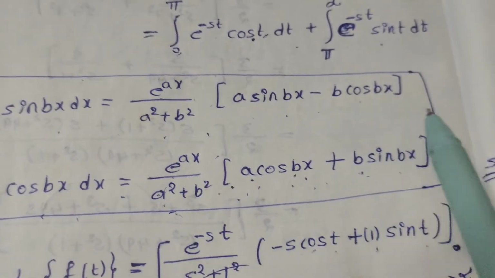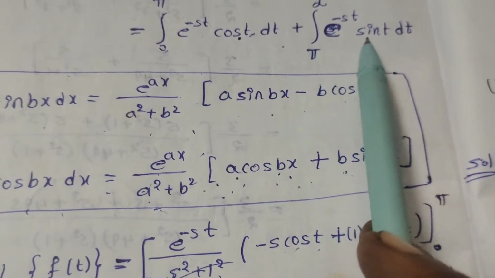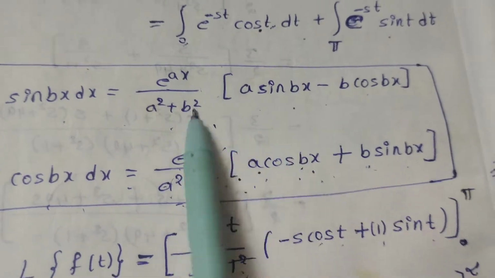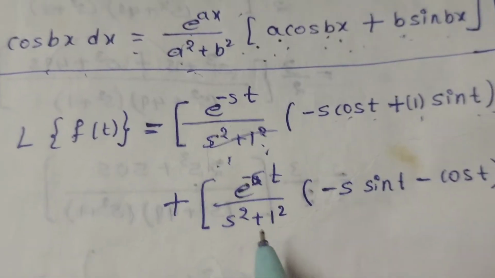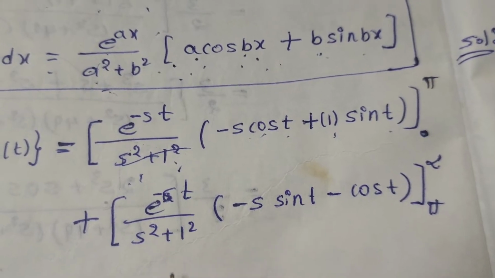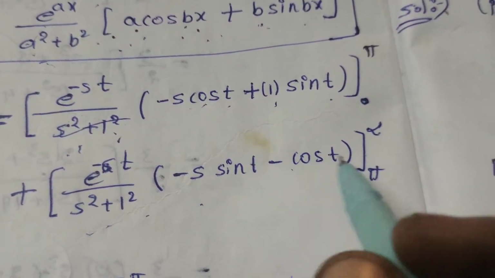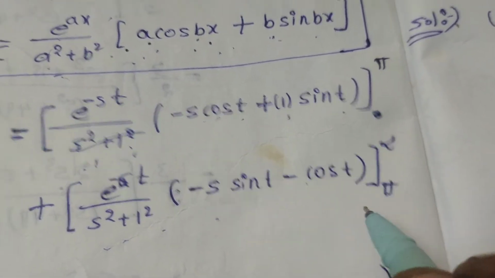Next, applying the sin formula to e^(-st) sin t, we get e^(-st)/(s² + 1²) times (−s sin t − cos t), from 0 to infinity.